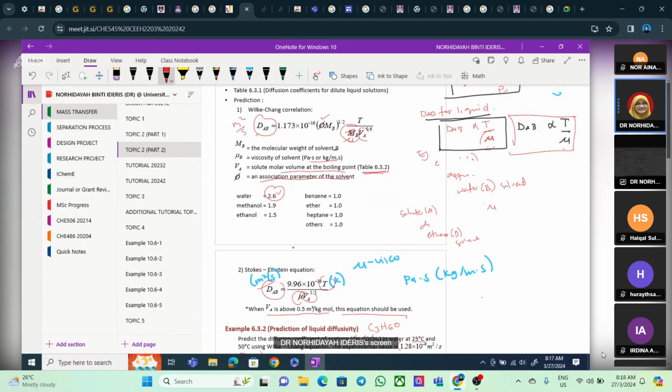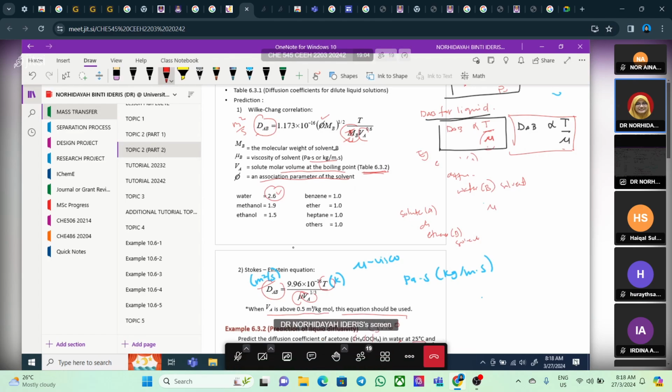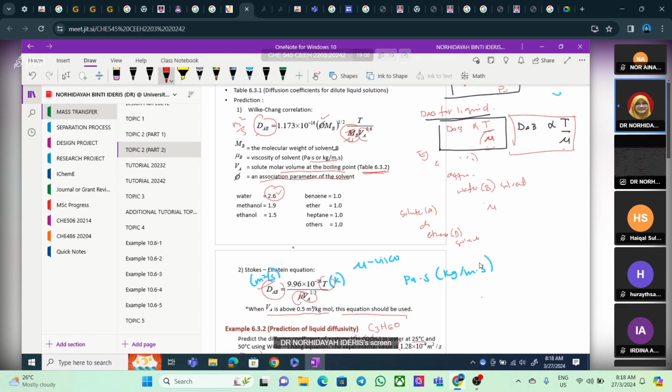Okay, table 6.31 lists down the diffusion coefficients for dilute liquid solutions, for common phenomena involving molecular diffusion in liquid. Contohnya tengok sini, ammonia dissolve dalam water, berapa DAB dia, okay. Carbon dioxide dalam water, berapa DAB dia, acetic acid, acetone. So bila nak dapatkan nilai DAB ni, first soalan dia akan bagi.